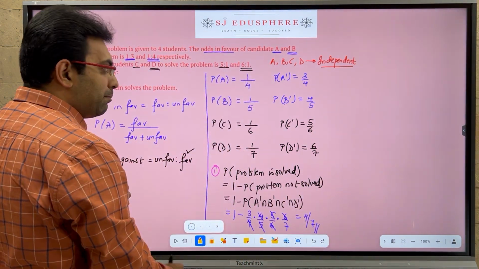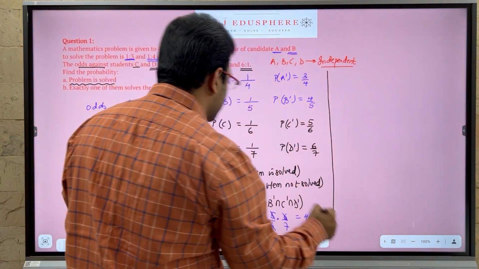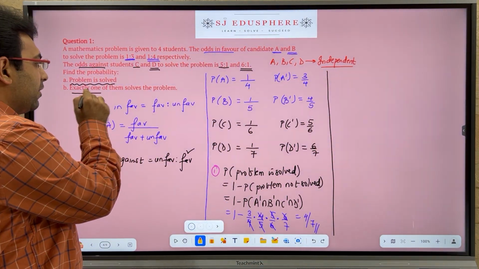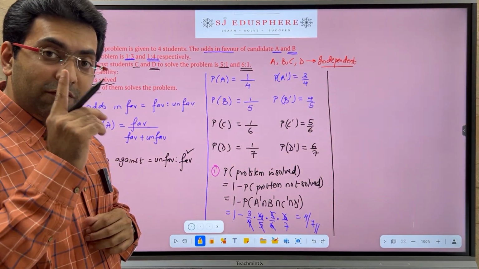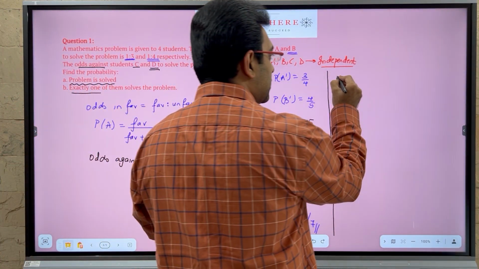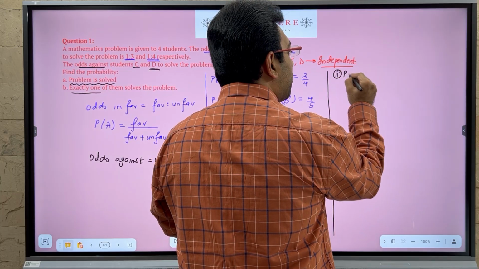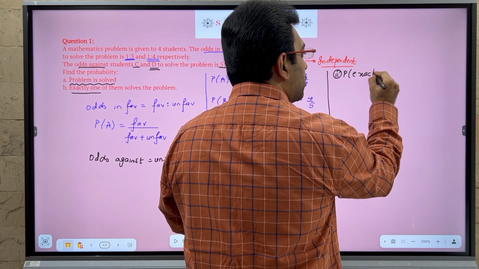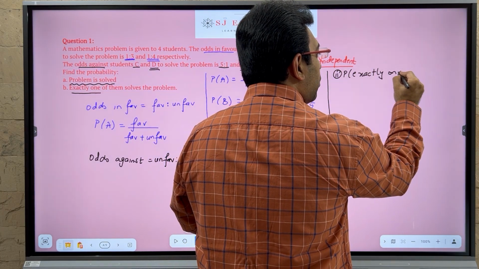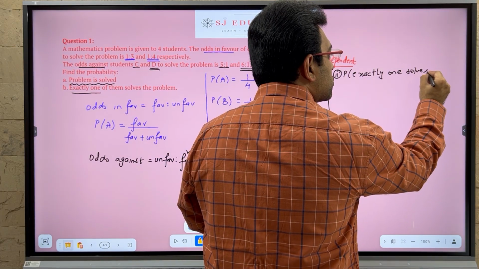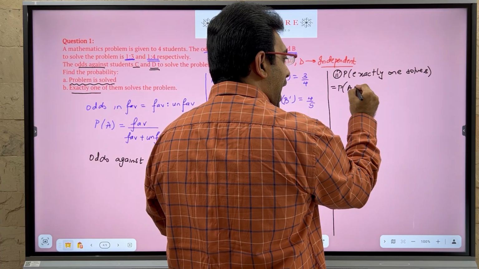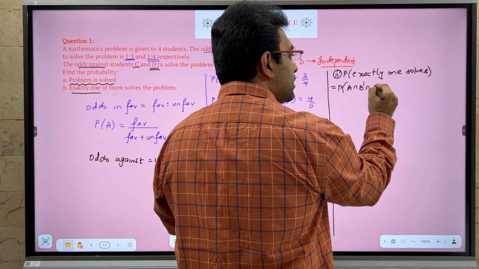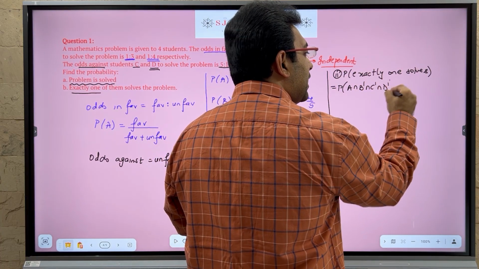The second subpart of my question says exactly one of them will solve the problem. Out of 4 people solving, only one will have a success. So probability of exactly one solves the problem is A solves and B does not, C does not, D does not.